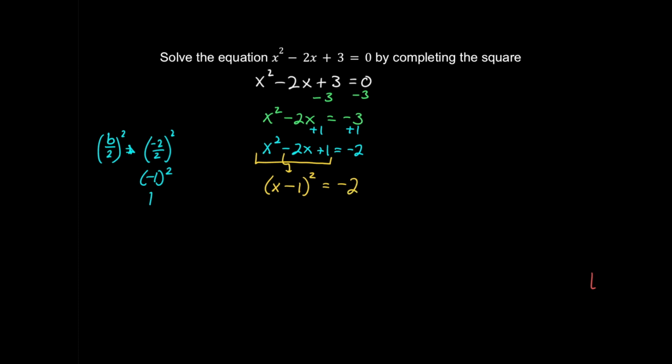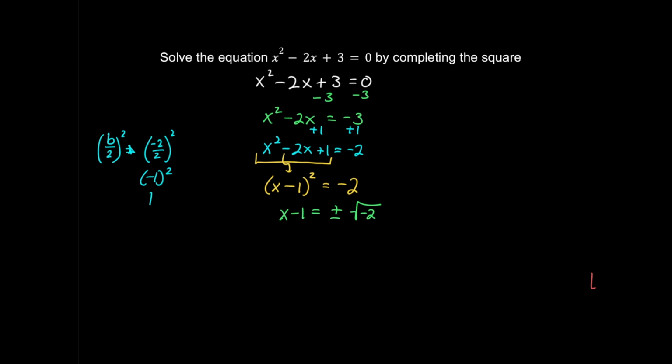Now since we're solving this equation, we just have to go through and finish solving. So we first need to get rid of anything outside the parentheses, which is just the exponent. Since we have x minus 1 squared equal to negative 2, that means x minus 1 is equal to plus or minus the square root of negative 2.